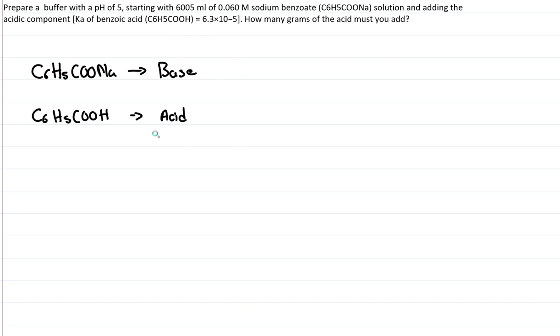So we are also given the Ka of the acid, which is 6.3 multiplied by 10 to the power of -5, and we also have the volume of the base, which is 6005 milliliters, so we can convert that to liters. So it's going to be volume is equal to 6.005 liters, so you can just say that it's fine.